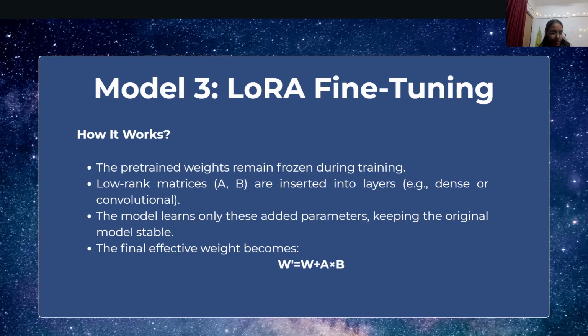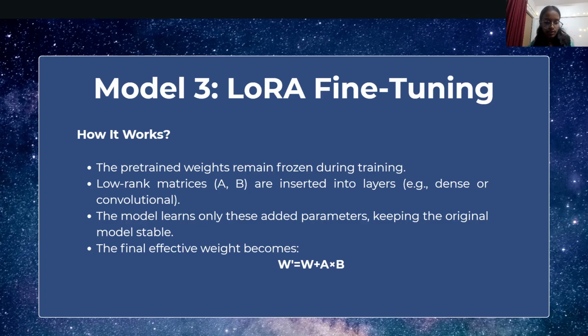It's like adding a small plug-in module that fine-tunes the model behavior efficiently with much less computational and GPU memory use. In our implementation, we applied these LoRA adapters to the convolutional layers of ResNet, enabling the model to adapt to galaxy images with minimal additional parameters.